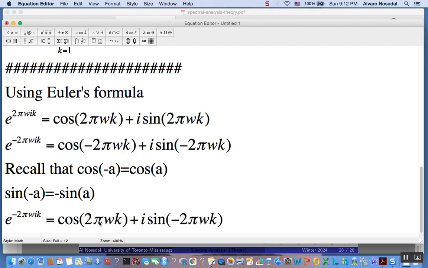Cosine of negative 2 pi wk is the same as cosine of 2 pi wk, and this one here, we could pull out that negative sign.